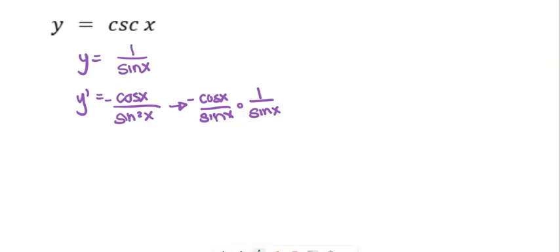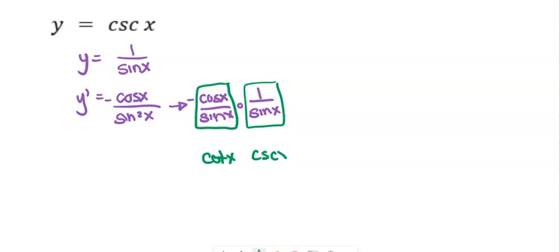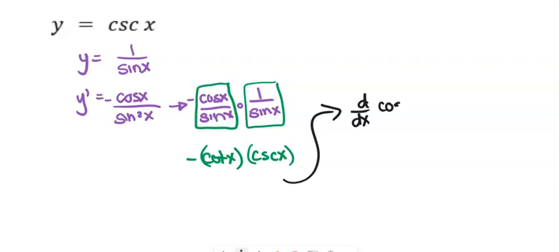I can use my trig rules to tell me that cos x over sine x is actually cotan x, and 1 over sine x is actually cosecant x. And these are negative. Let's rewrite this out. The derivative with respect to x of cosecant is negative cosecant times cotan.